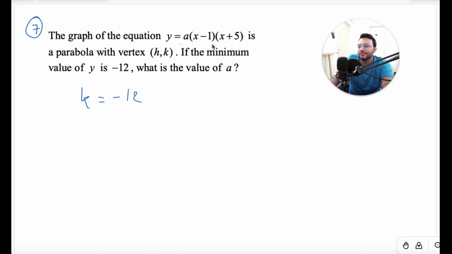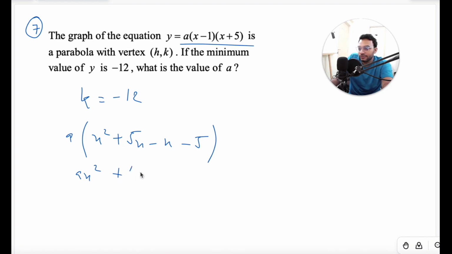Okay, let's expand this quadratic to form it like a proper quadratic equation. So a times x squared plus 5x minus x minus 5. This is ax squared plus 4ax minus 5a. Okay, this is the y.